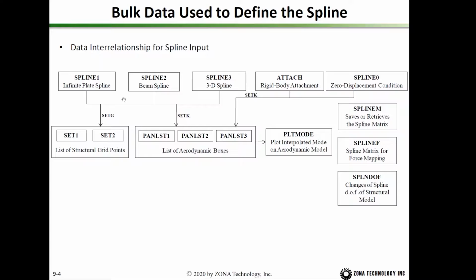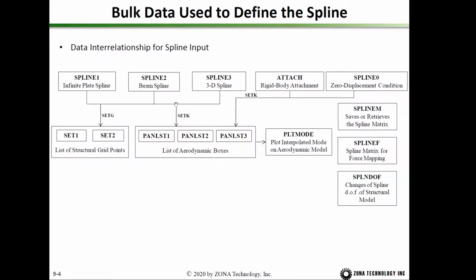And so we have SPLINE2 for beam spline, SPLINE1 for the infinite plate spline, and SPLINE3 for the TPS 3D spline, ATTACH for rigid body attachment, and SPLINE0 with zero displacement condition. And all the spline cards refer to a set of ZONAIR panel IDs listed by the PANLST1, PANLST2, or PANLST3 card.